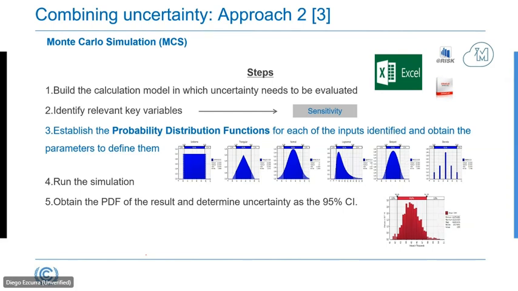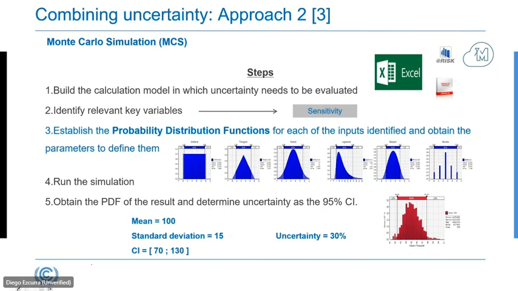And from that set of data that you can visualize in this type of graphs, the histograms, you would be able to extract the mean value, the standard deviation of this set of data, the 95% confidence interval, the lower limit and the upper limit, and derive the uncertainty from that.